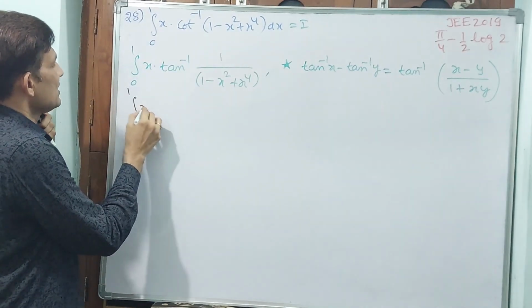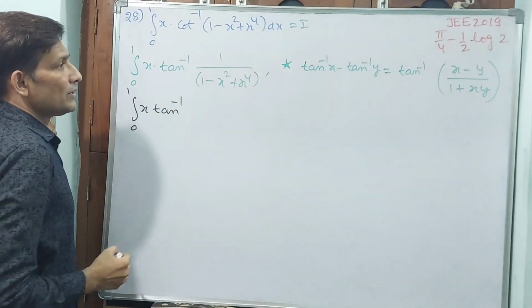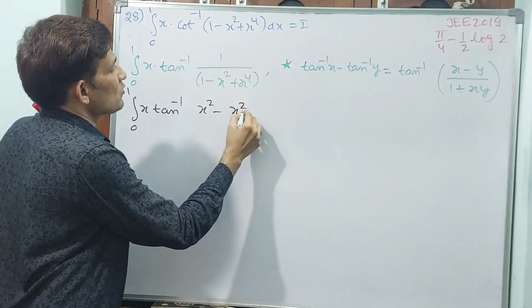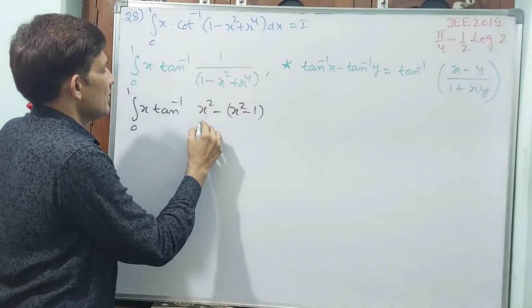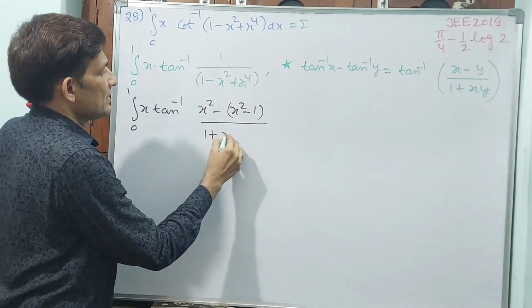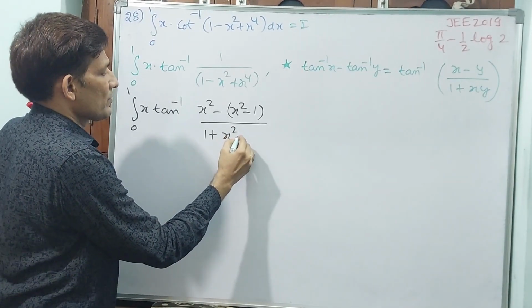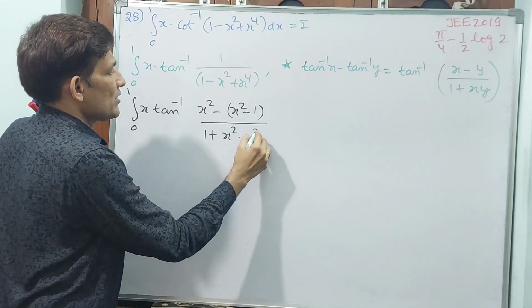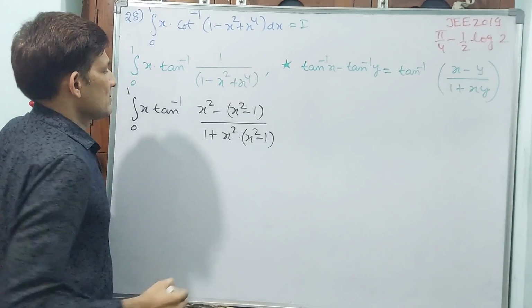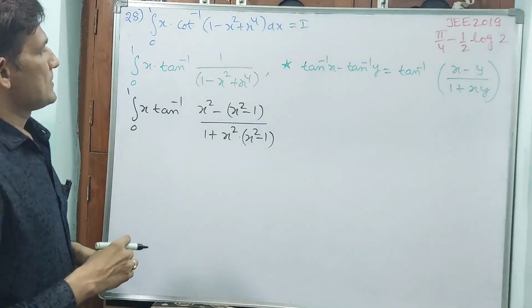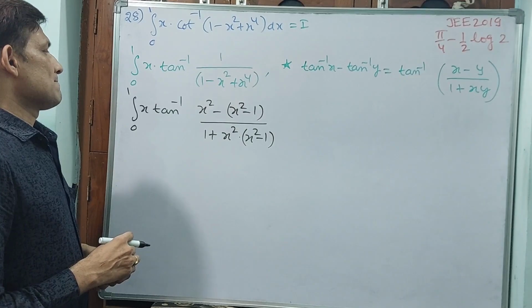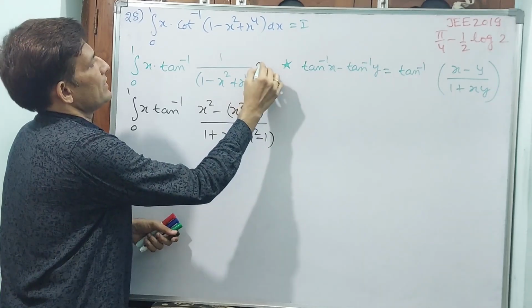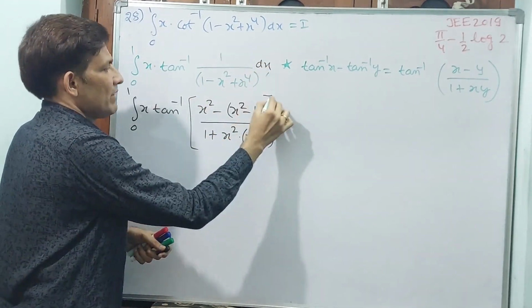Integral 0 to 1 x tan inverse. See how I am changing: (x square minus (x square minus 1)) by (1 plus x square into (x square minus 1)) dx. Stop and analyze whether I have written correctly or not.